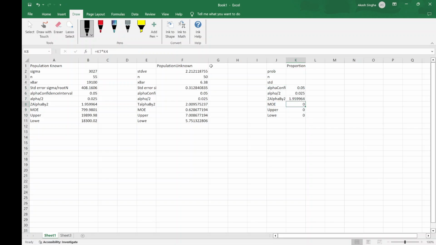Okay, and MOE will be. Here we will calculate the whole thing like standard error, which is the whole root over p into 1 minus p by n.